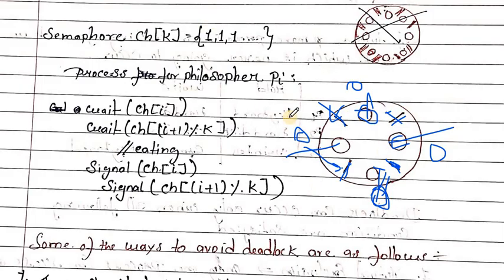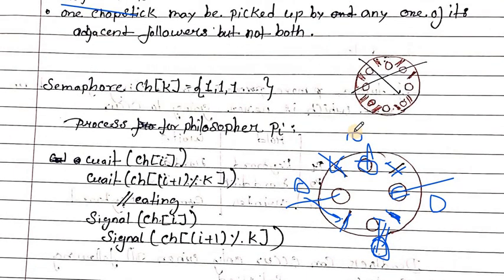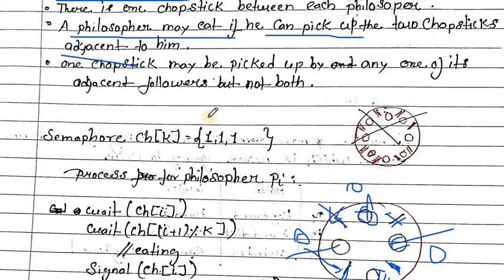Now deadlock occurs. It means no philosopher will eat the food because each has only a single chopstick. But the condition is that a philosopher can eat only when he has 2 chopsticks.